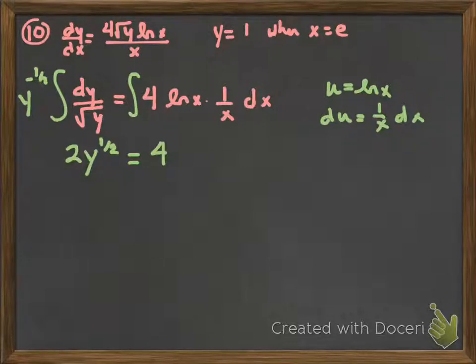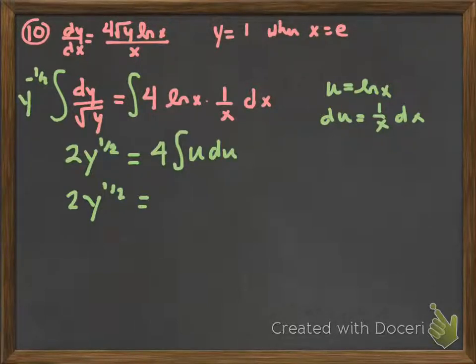So then I write this is equal to the integral of u du, right? So I have 2y to the 1/2, or you could go ahead and write that as the square root of y. That's just kind of a personal preference thing.